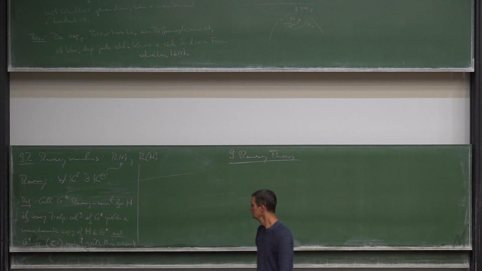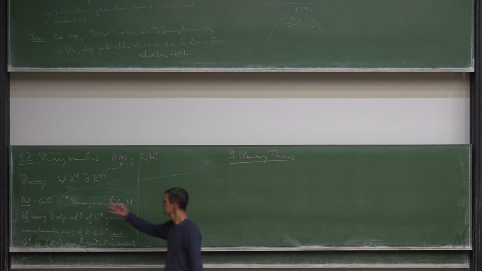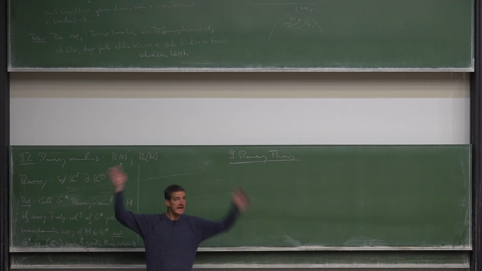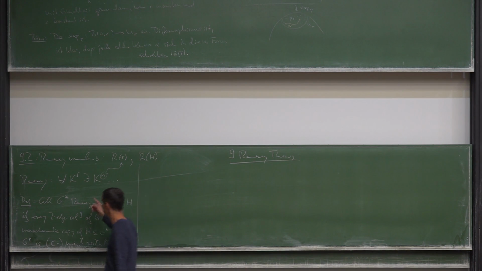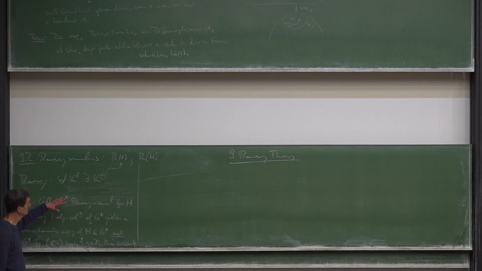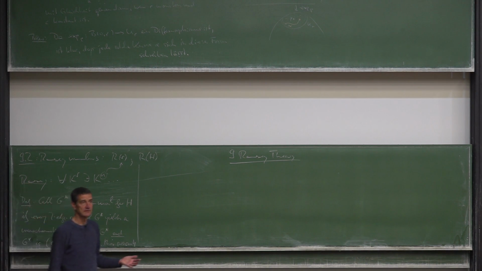Well, do such things exist? Yes, of course they exist. Kn has the property: every two-edge coloring of Kn, when n is the Ramsey number of H, yields a monochromatic copy of H. So we can just make it minimal if it isn't. Can we delete a vertex?